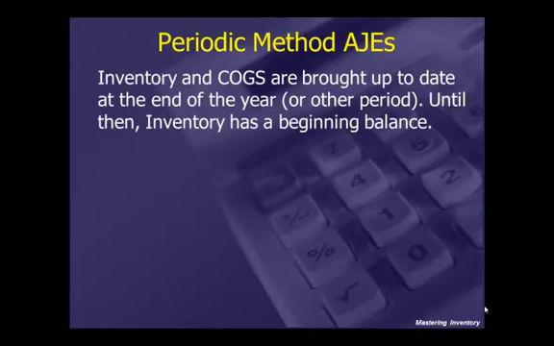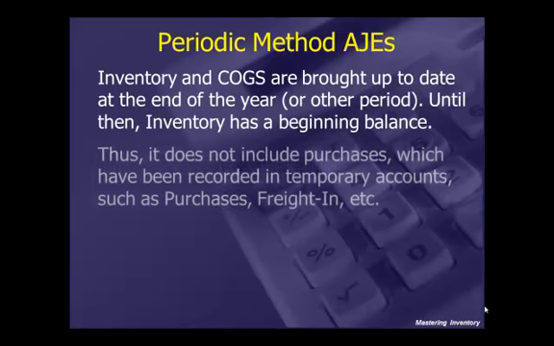Periodic method adjusting journal entries. Well, the inventory and cost of goods sold are brought up to date at the end of the year or some other period. If you're preparing interim financial statements and you want to update them quarterly or semi-annually or even monthly, then you can do that too. Until then, inventory is still going to be showing a beginning balance.